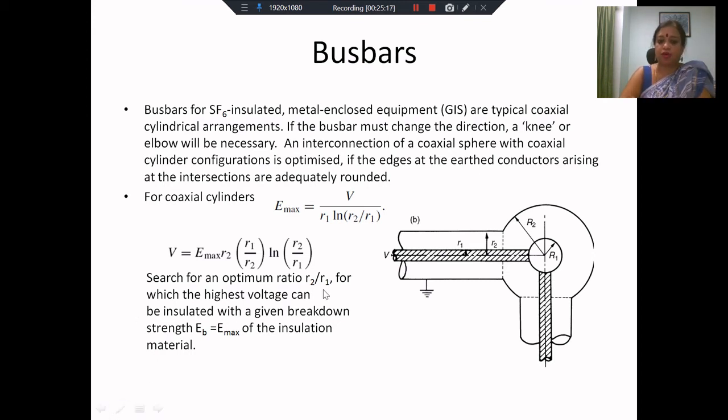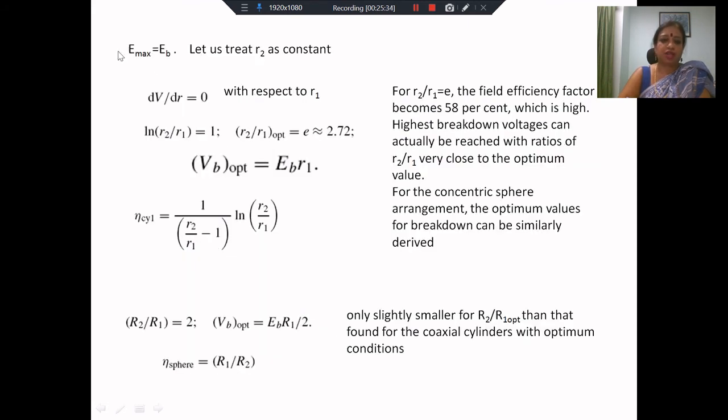So I want to increase the charging voltage, so I want to decide R1 such that V can be maximized. So I'm going to look for an optimum value for the ratio R2 by R1, and I shall also consider R2 to be constant. So Emax is equal to EB. Let us treat R2 as constant. So what do I need to do?